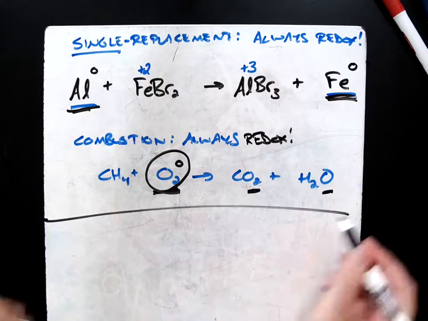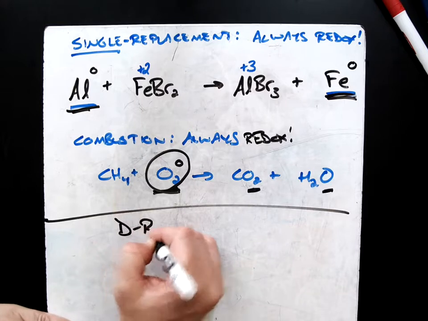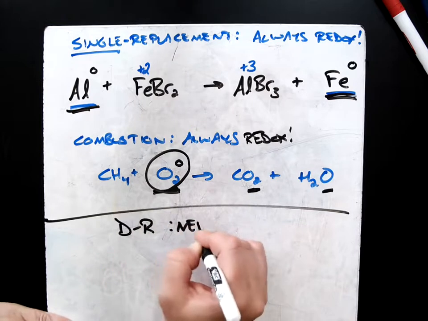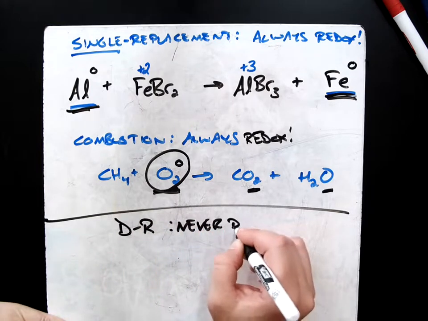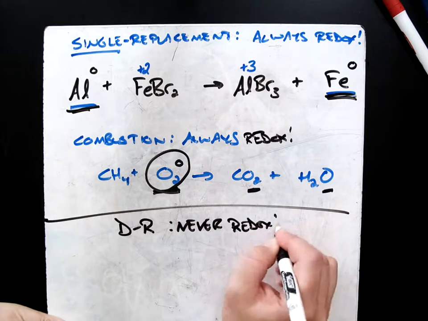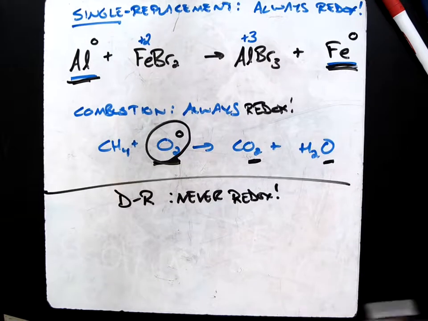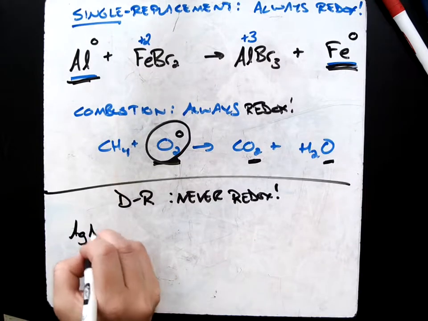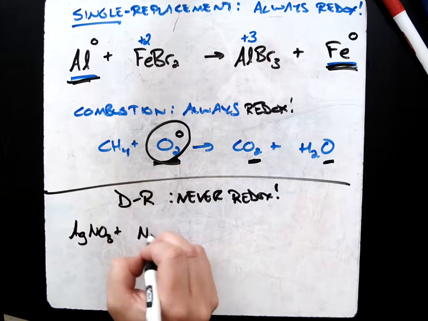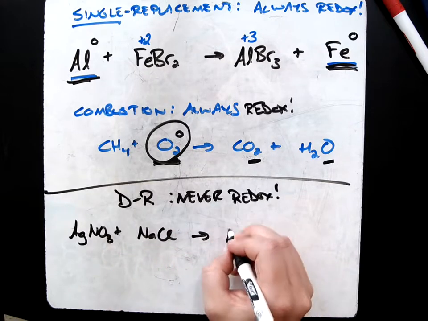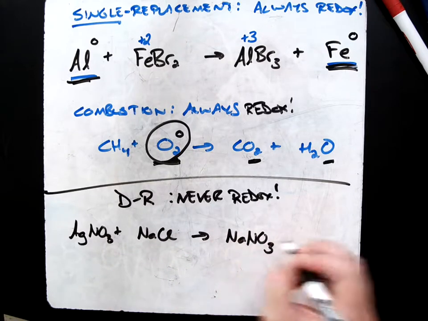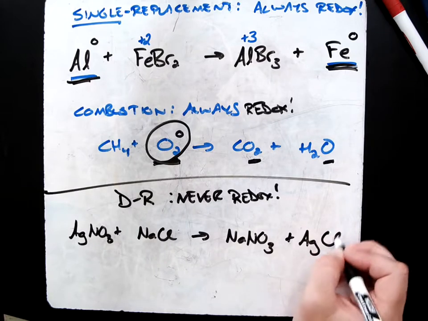Okay. Double replacement is never redox. That's because they're already ionic compounds. The positive and negative charges are already in there. The metals have positive charges, the nonmetals have negative charges, and then they just trade places. So real quick, silver nitrate, AgNO3, and sodium chloride make sodium nitrate and silver chloride.